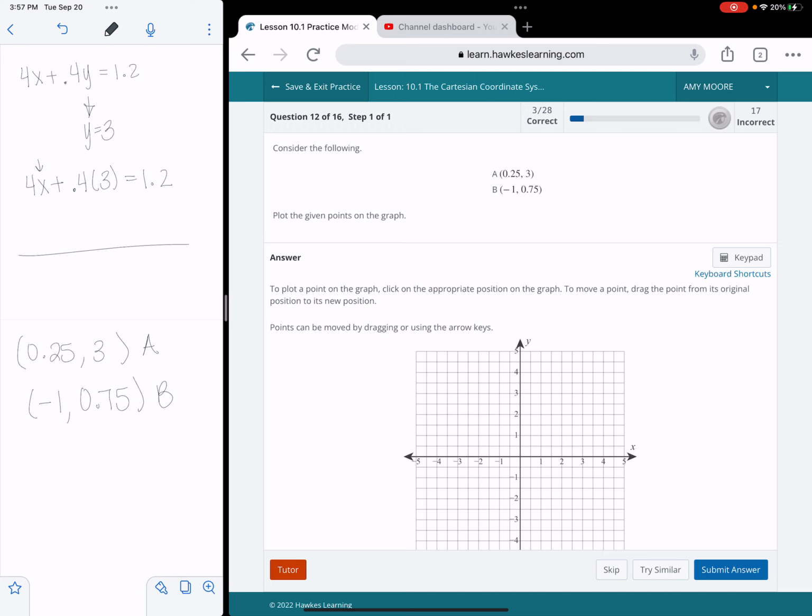0.25 means that I'm going to go right 0.25, and then 3 means that I'm going to go up 3. So to get the dot, I just click anywhere on the graph, or you could click on the appropriate spot. So I'm going to go to the right 0.25.